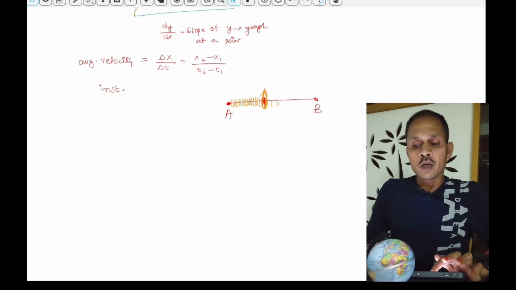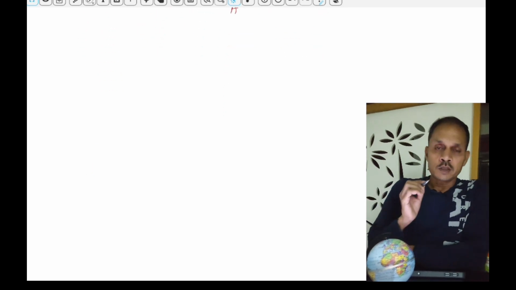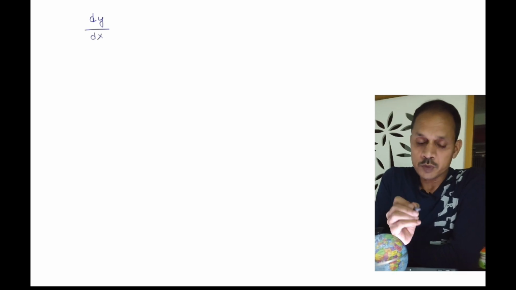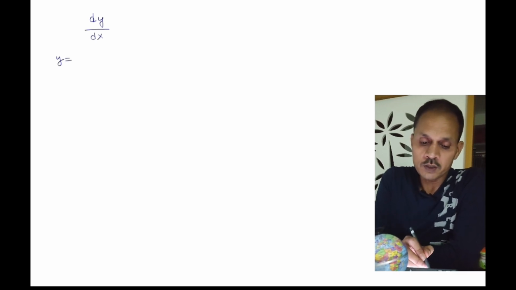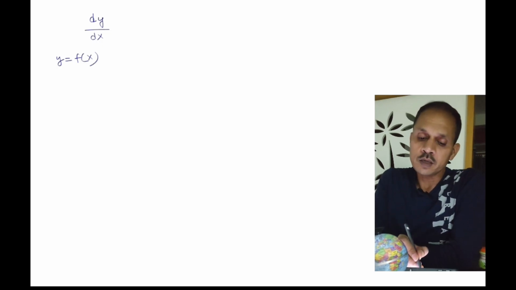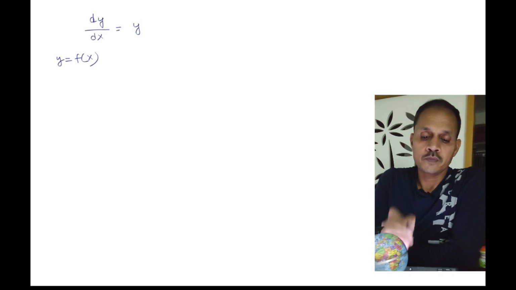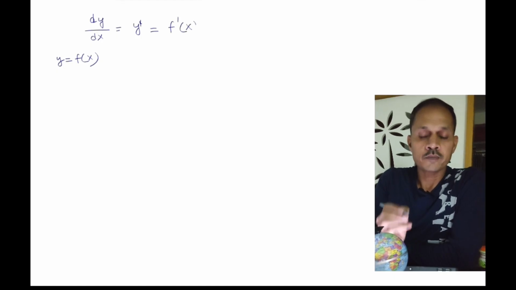So now let us learn some equations we need for differentiation. As we assumed, y is a function of x, right? Next, how do you indicate this differentiation? Let us see. dy by dx, which is differentiating y with respect to x. What is y here? y is a function of x. This can be written as simply y dash, or you can write it as f dash of x.